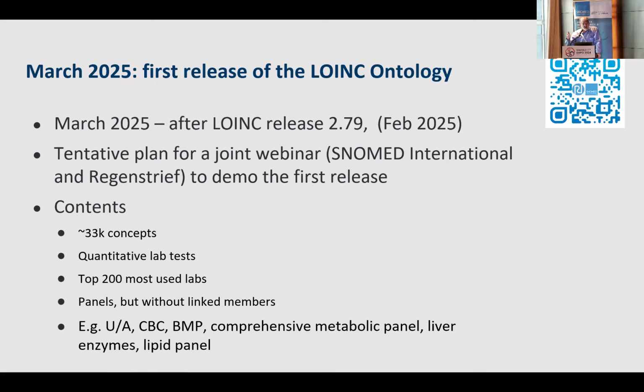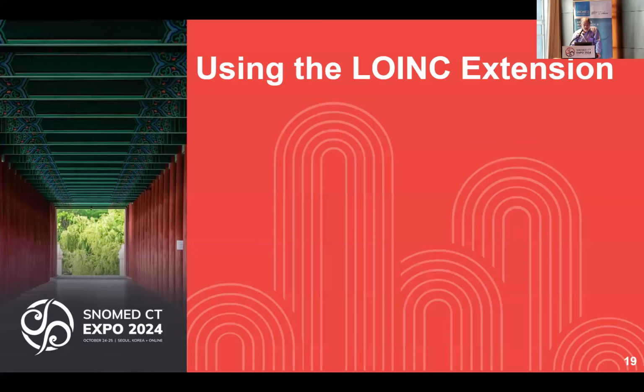When I'm talking about panels, just to be clear, I'm talking about things like Chem7s that contain sodium, potassium, chloride, glucose, etc. measurements, and other kinds of panels like liver panels and lipid panels. They are all there, but they don't have the link to the actual members.